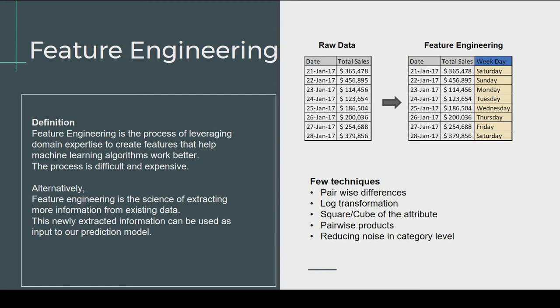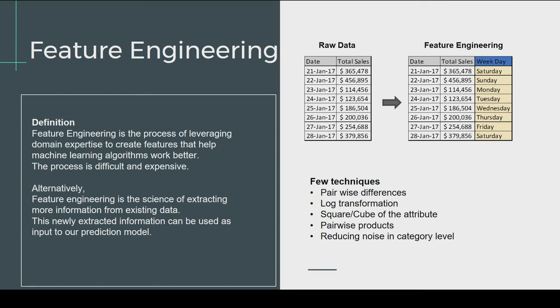So pairwise products can be done on two categorical variables or on two numeric variables also. Last would be reducing noise in the categorical level. So let's say you have type of product as a column, and this type of product would, let's say, have 100 different categories. It could be mobile phones, it could be bags, it could be electronic devices, then it could be grocery, and so on, right?